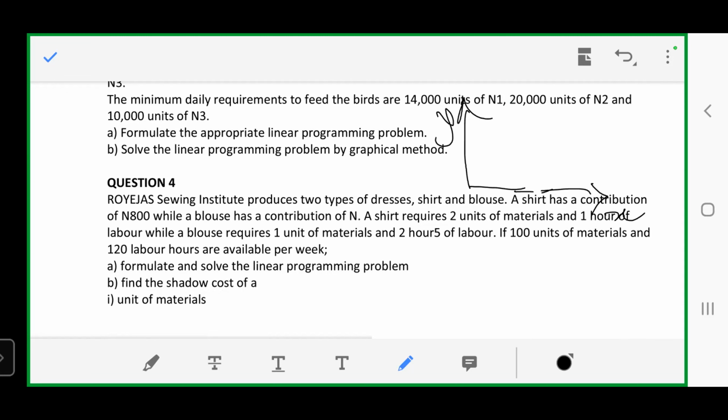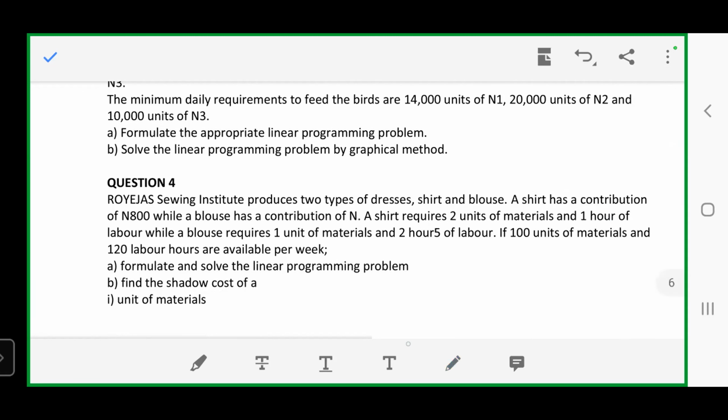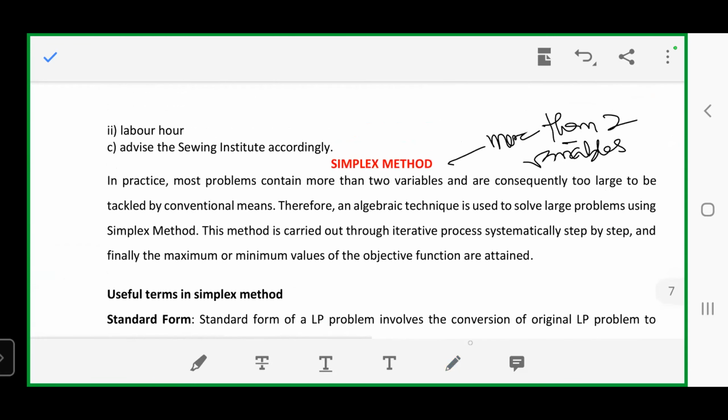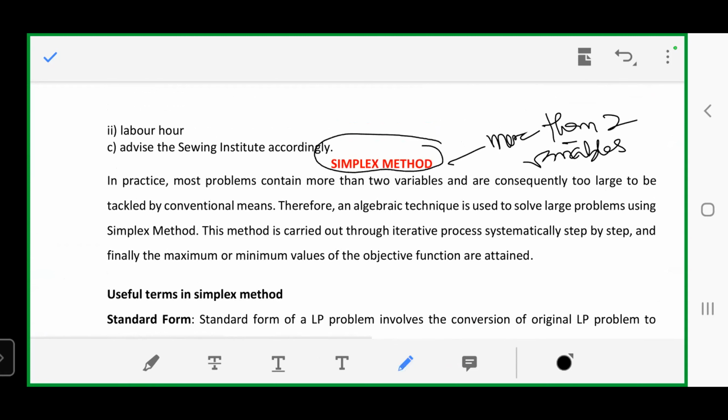Because the example that we took on graphical was two products, A and B, and it uses three materials. What if it is three products and uses two materials? How are we going to do it? If they produce three products, we cannot say X, Y, and put another one and call it Z. No, our graph only contains two variables. But where a company has more than two variables, we are to use our simplex method.